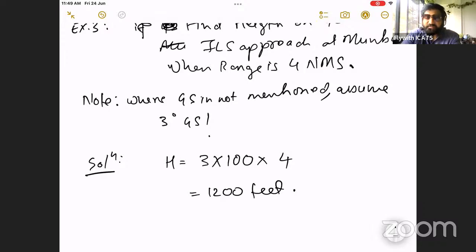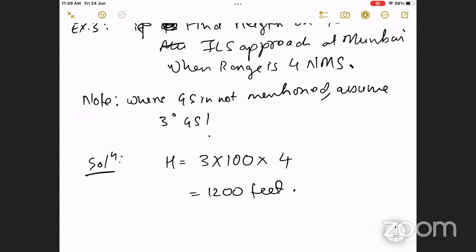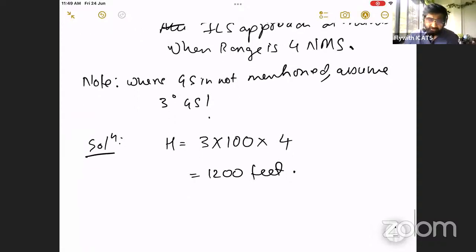Is everyone getting the same answer? Hardik, Rishi, Swati. How about you, Lakshya? Yes, sir. Same answer. So remember the direct formula also is handy.